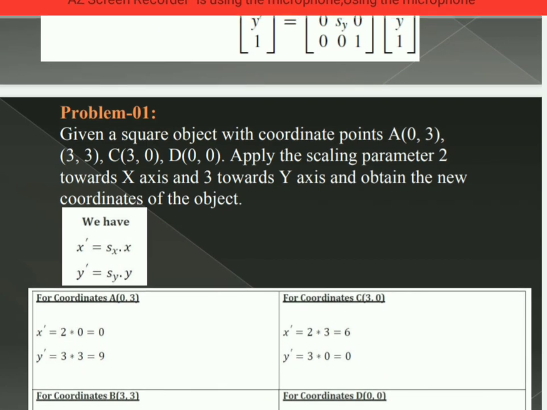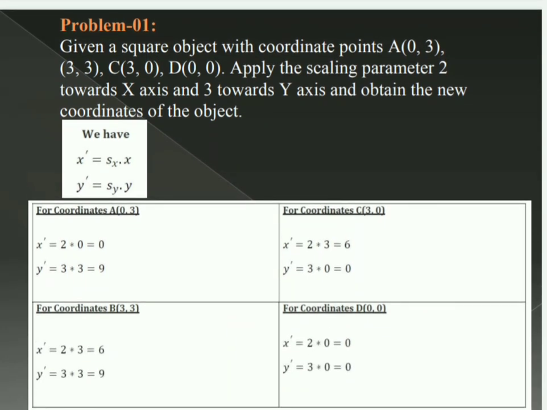Now let us consider the example of a square. Again, the coordinates of the square are as before: A (0, 3), B (3, 3), C (3, 0), D (0, 0). Here we apply the scaling parameter 2 towards the x-axis and 3 towards the y-axis, and then we obtain the new coordinates of the object.